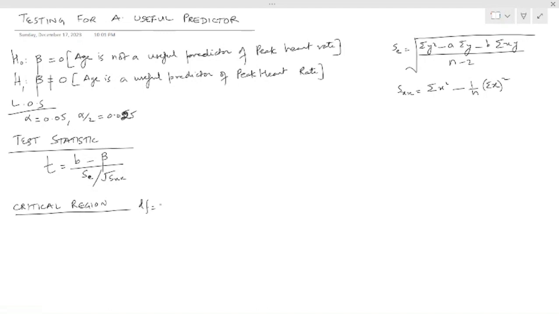So df is n minus 2. Here in this case, 10 pairs are given in the data, so it gives us 8 degrees of freedom. And alpha by 2 is 0.025, so when we try to locate this value, you can confirm that the value would be 2.306 for t 0.025 with 8 degrees of freedom.